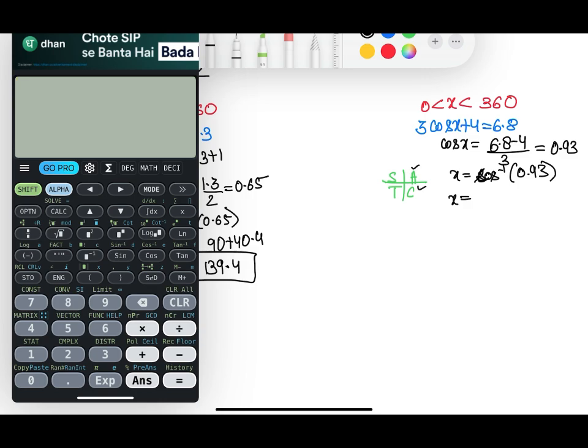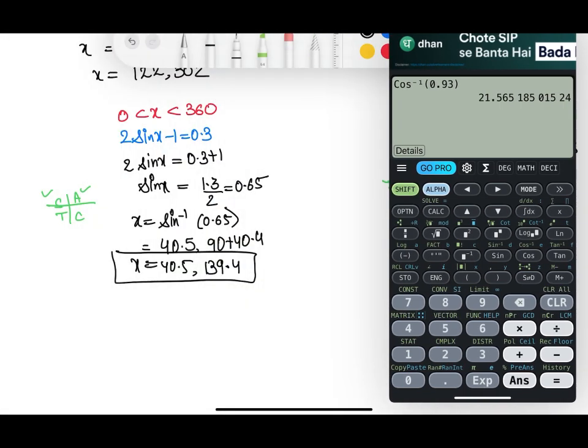For the first quadrant normally, for the fourth quadrant it's 360 minus. So we find the value of cos inverse 0.93, which is 21.6, and the other value by subtracting from 360. So the values are 21.6 and 338.4. Hope that's clear too.